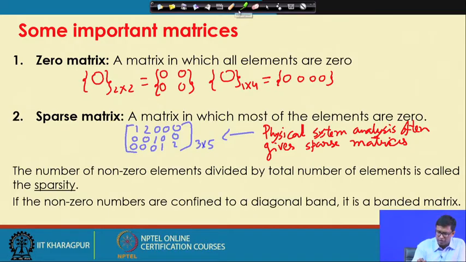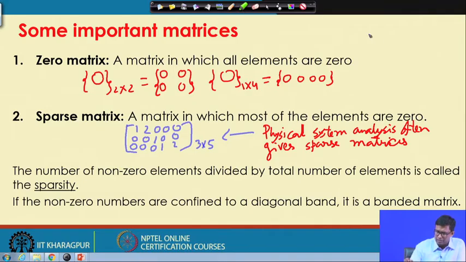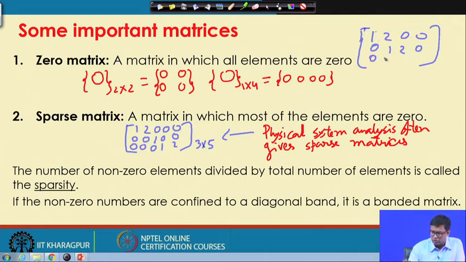For example, if we have a matrix like this, 1 2 0 0 0 1 2 0 0 0 1 2 0 0 0 1.